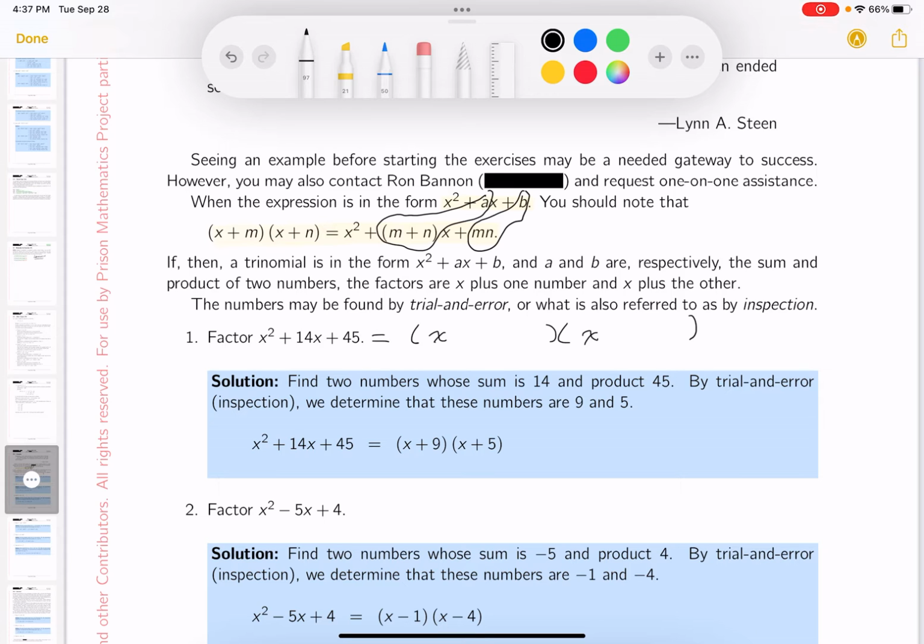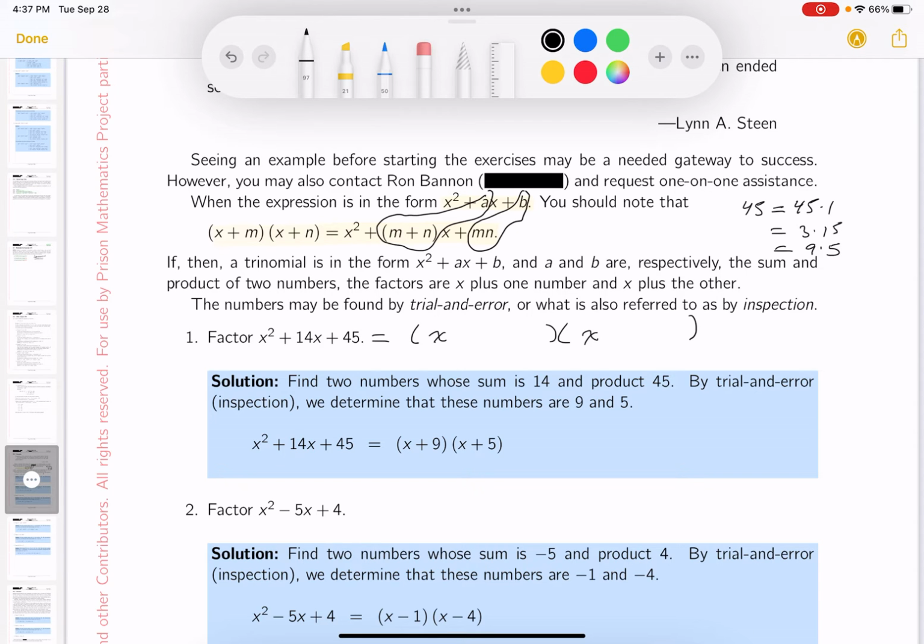So what am I looking at? 45. Someone says, how could you get 45? There are a variety of ways of doing it. 45 is a product. It could be 45 times 1, it could be 3 times 15, it could be 9 times 5. You get the idea, there's a variety of possibilities.